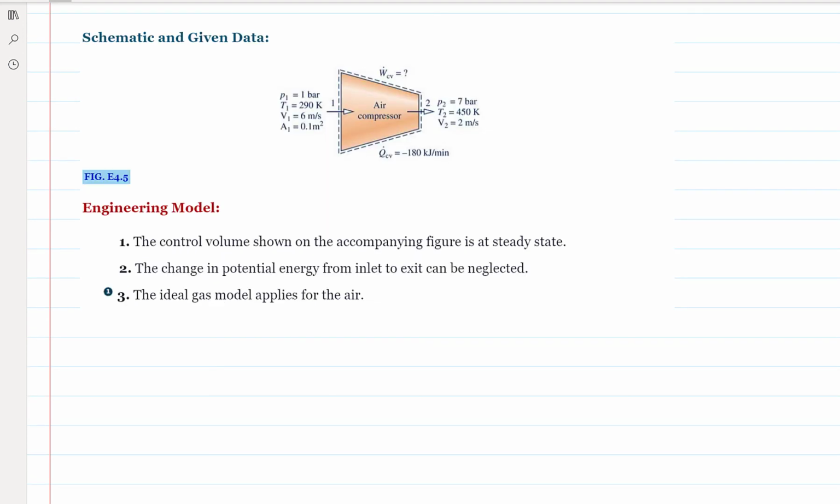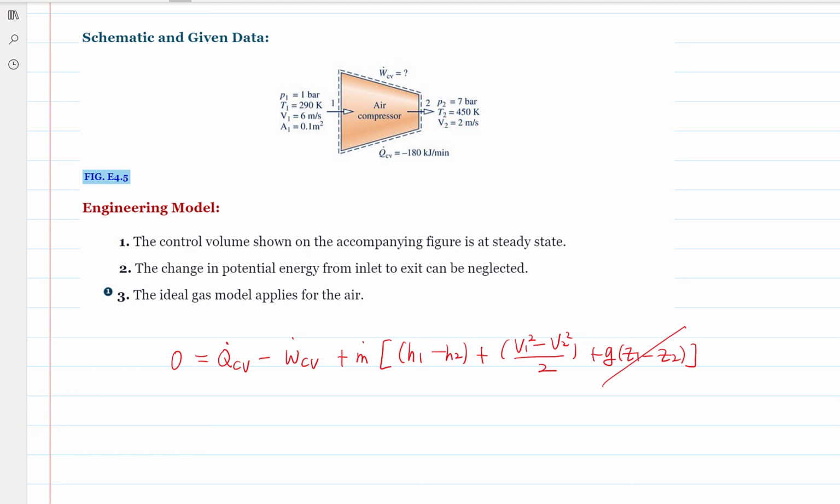We are going to apply the energy balance equation for open systems. And we are going to assume that the potential energy difference between the inlet and outlet is negligible. And we want to determine how much work is required to compress the air at the given conditions.